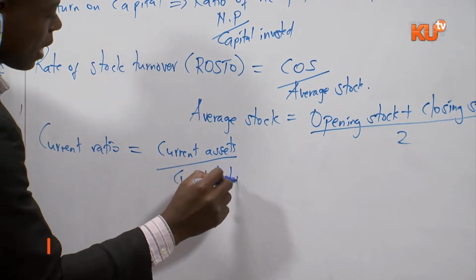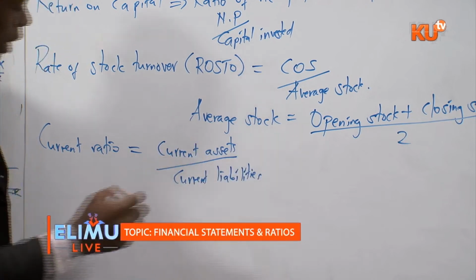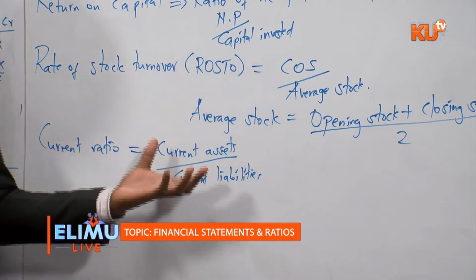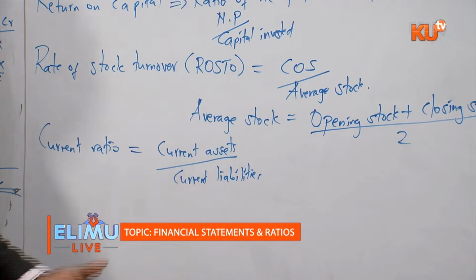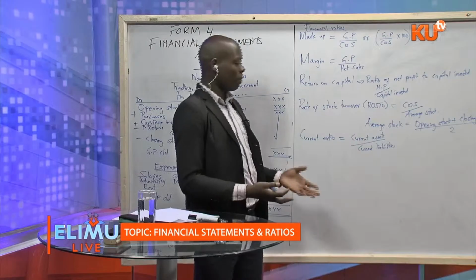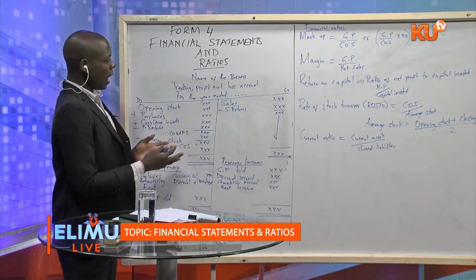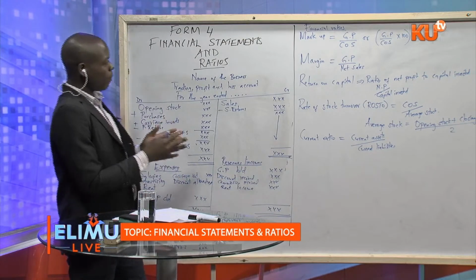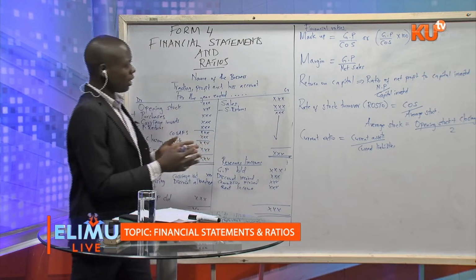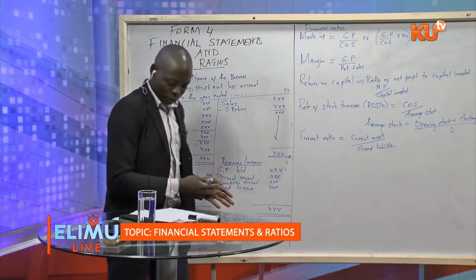From your understanding of the introduction to accounting, you are told what current assets and current liabilities are, because those are simply types of assets and types of liabilities. So those are key financial ratios that we need to calculate today in our lesson.